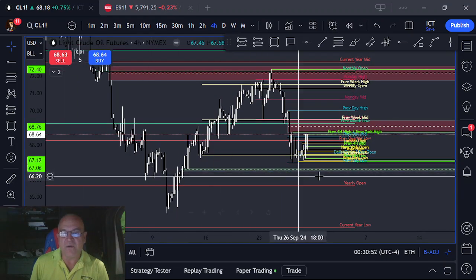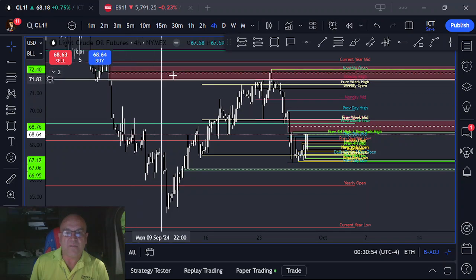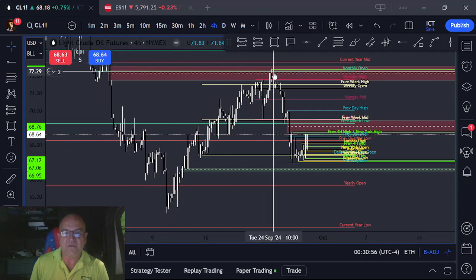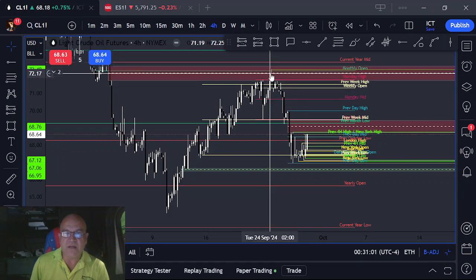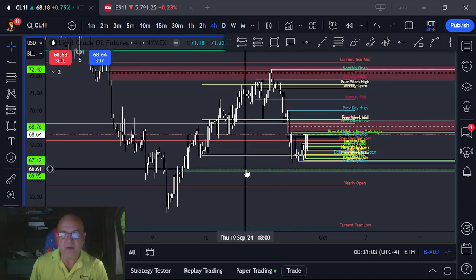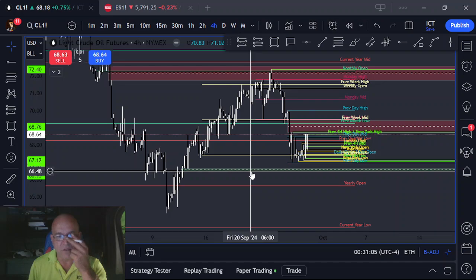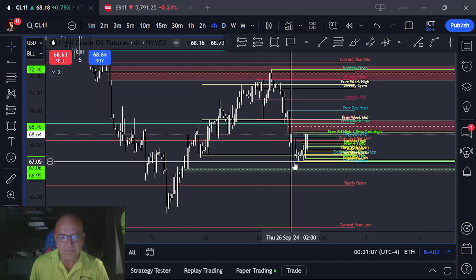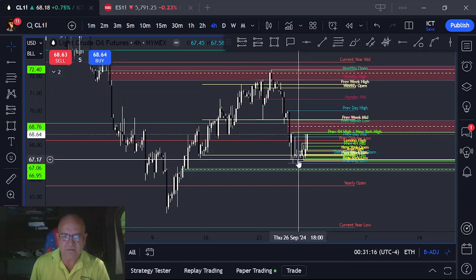And on the 4-hour chart, we came up into this 4-hour gap, stopped right at the 50%, and came back to search internal liquidity. This looks ripe for the taking to me.